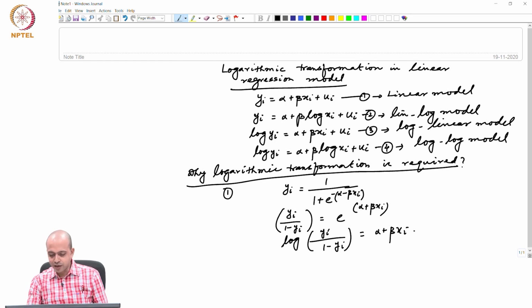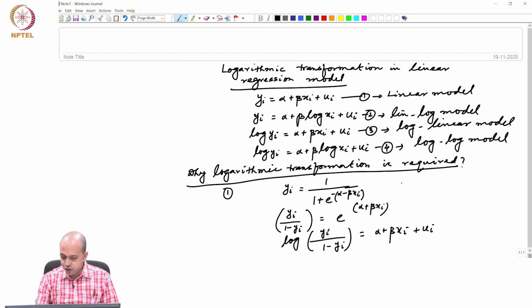You can add the stochastic error term here, then you can easily estimate this model using a linear estimation technique. So, one reason for logarithmic transformation is to overcome the nonlinearity between your yi and xi.